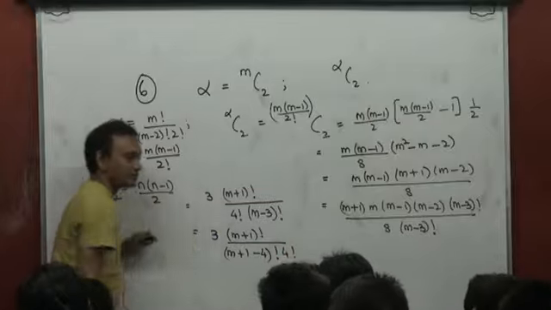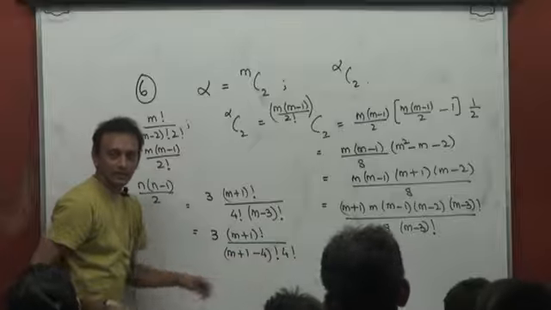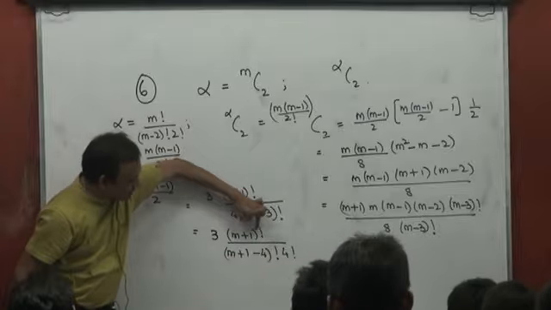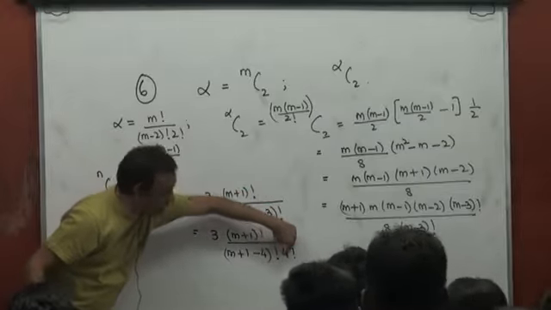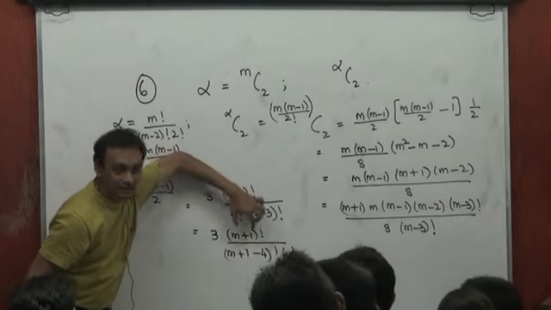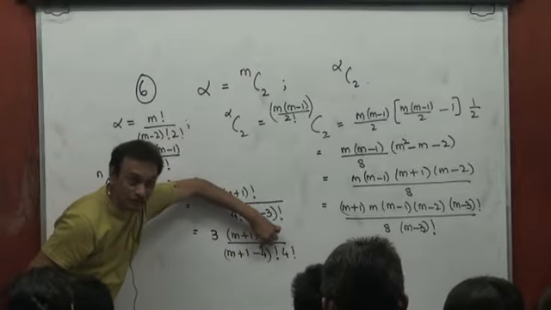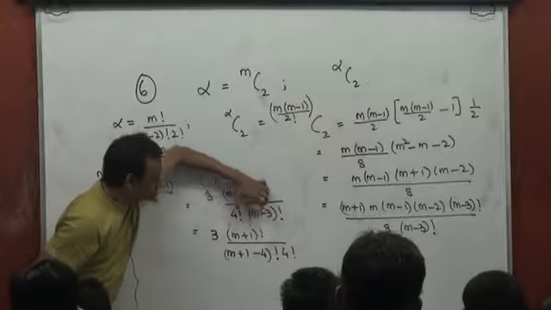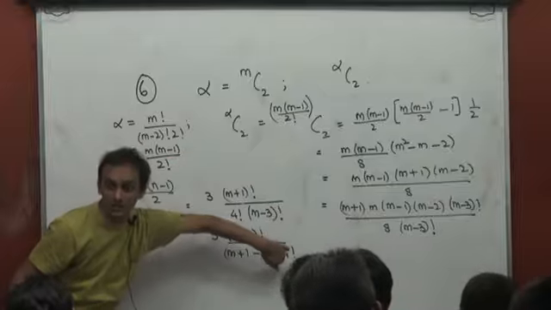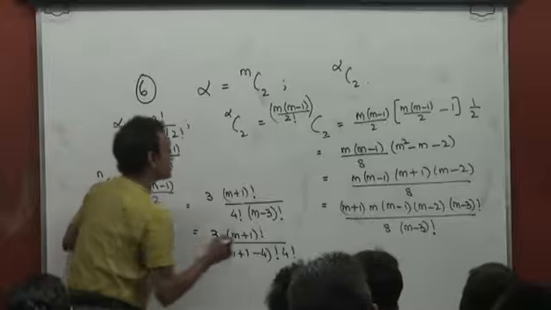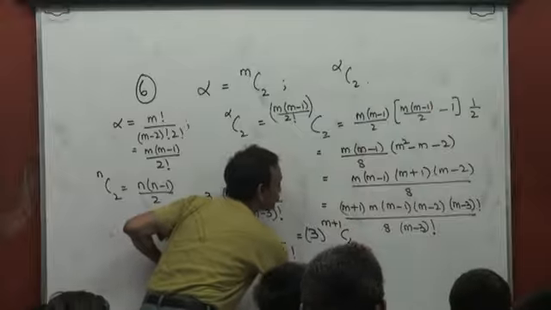Yes or no? m minus 3 is m plus 1 minus 4. Then what is it? n factorial by n minus r factorial by r factorial, right? This is n factorial by n minus 4 factorial into 4 factorial. So is it not m plus 1 C4 by definition? Isn't it? So this is 3 times m plus 1 C4.